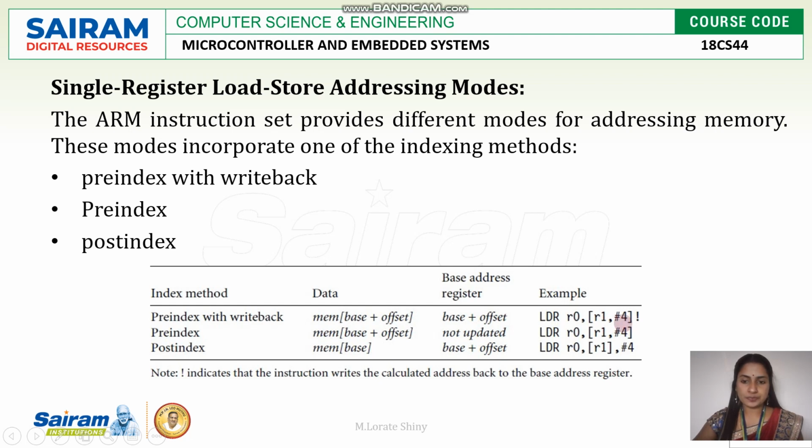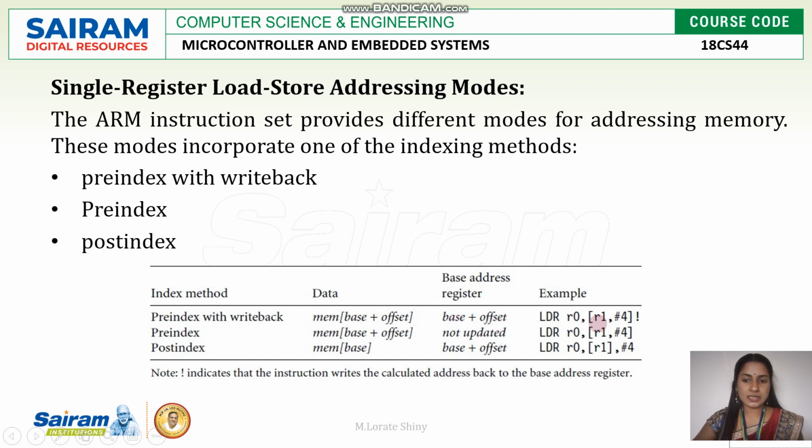Here you have a base register and an offset value. Because we all know load register means from the memory we will move the data to the register, we need to find from which memory we have to move the data to the R0 register. To calculate the memory address, we have to add the base register content and the offset value.